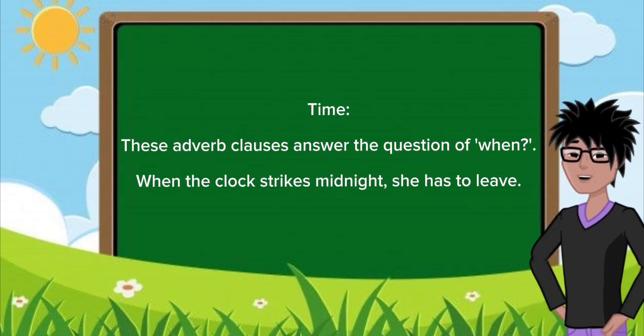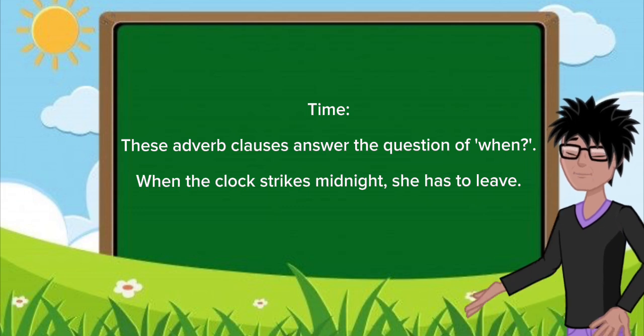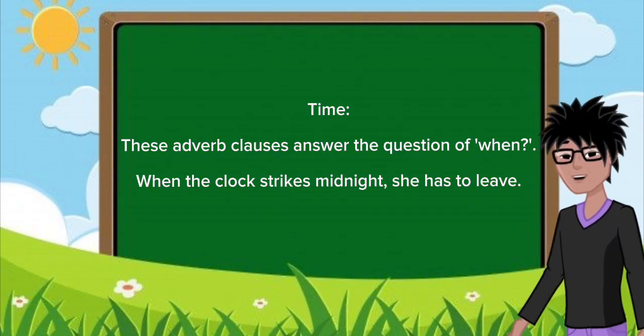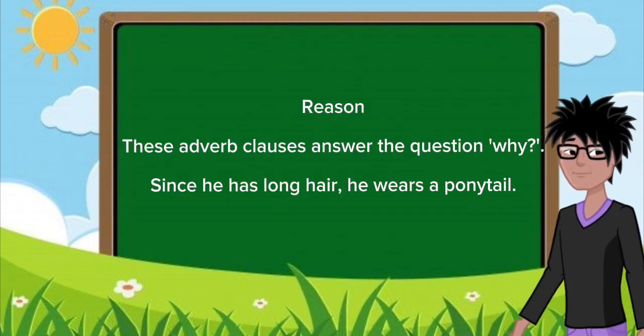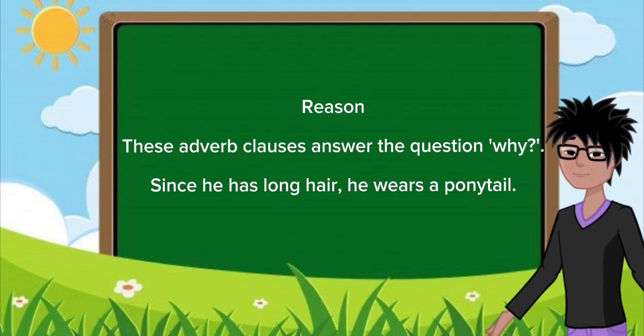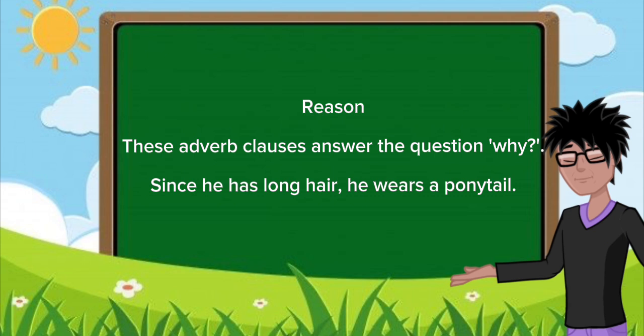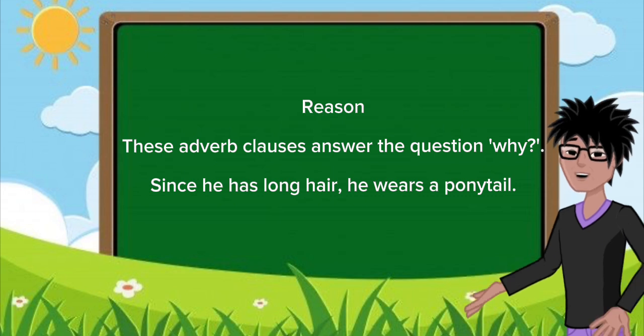These adverb clauses answer the question of when. Examples. When the clock strikes midnight, she has to leave. Number 3. Reason. These adverb clauses answer the question why. Examples. Since he has long hair, he wears a ponytail.